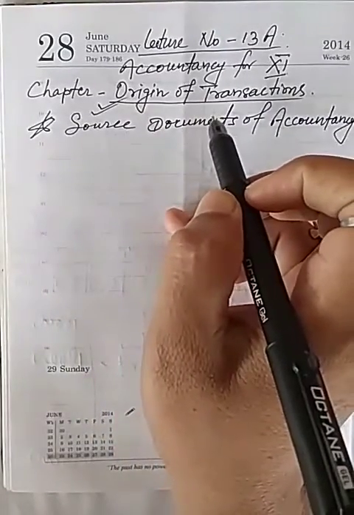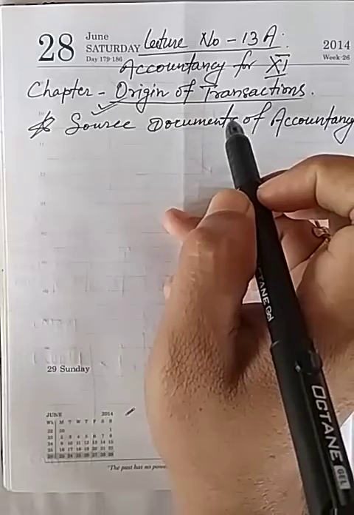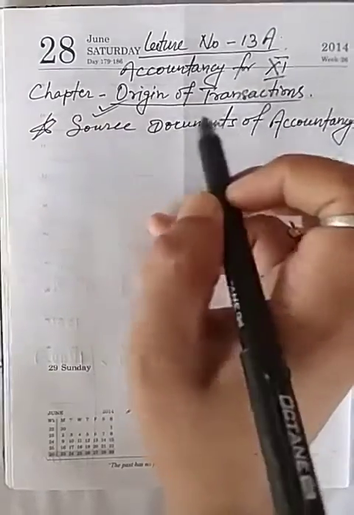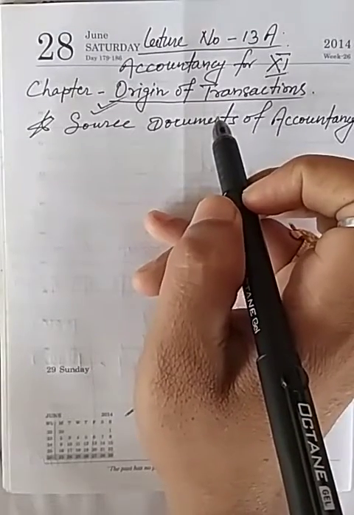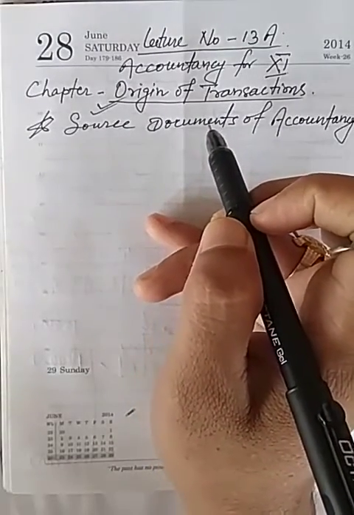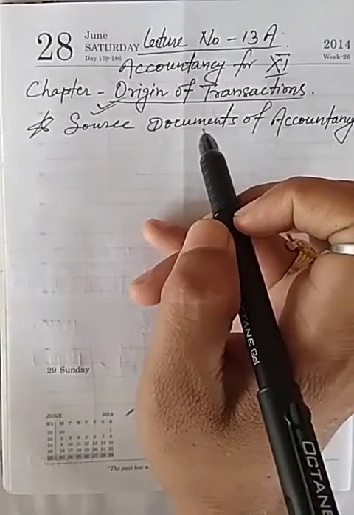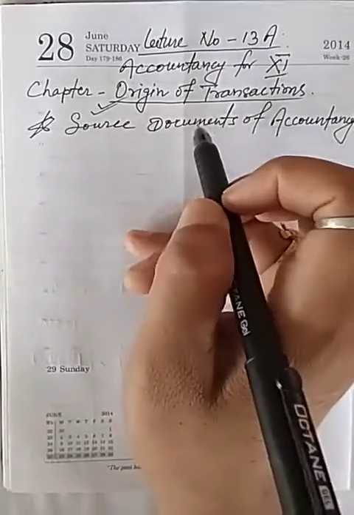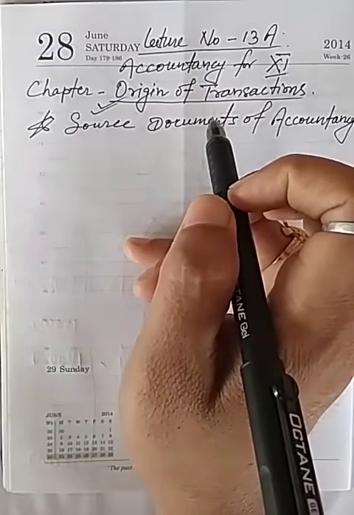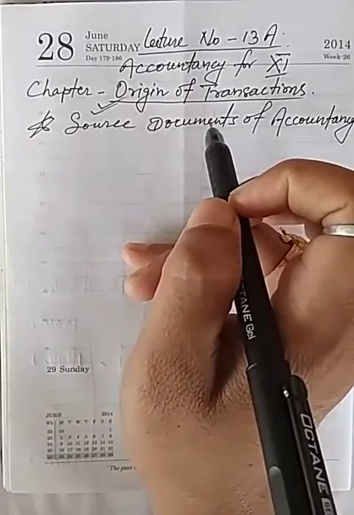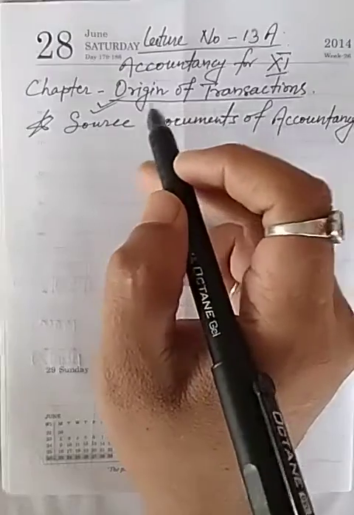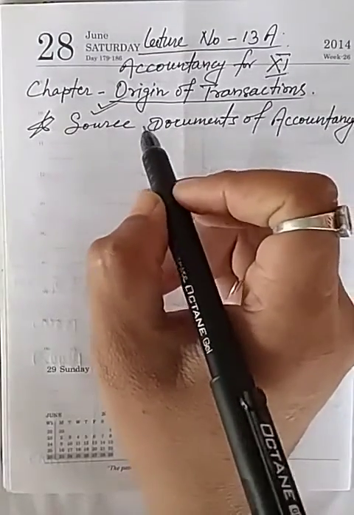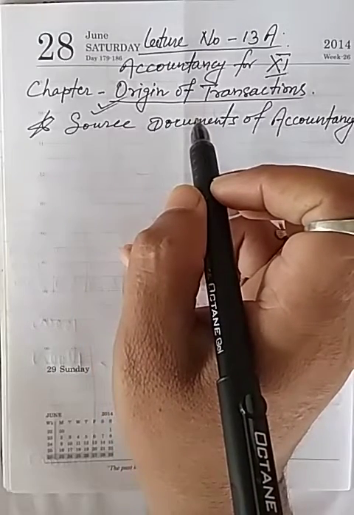These documents are the first record about the detail of a business transaction. Such documents report the date, the amount, parties involved, and nature of the transaction. Entries in the books are always made from the source document.